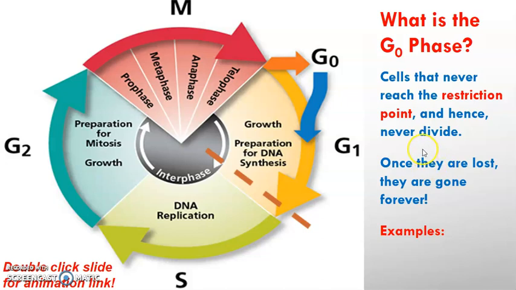So there are some cells in your body, once you reach the age of around 11 to 13, that stop growing, which means they're never going to pass this restriction point. And if they never pass the restriction point, they never go through the rest of the cell cycle to get to division. So they're kind of in limbo, these G0 cells. They're never going to grow to pass the restriction point to go through division. So if they get injured or killed, they're gone forever.